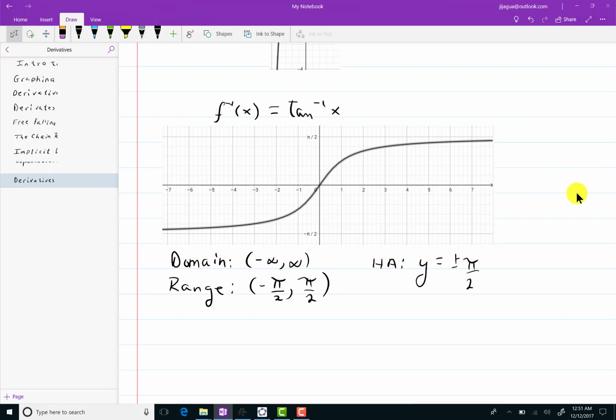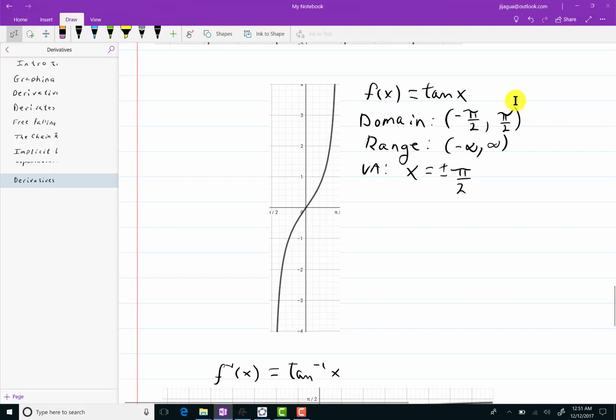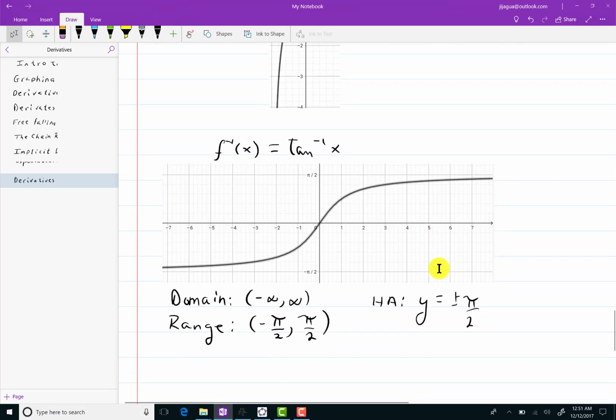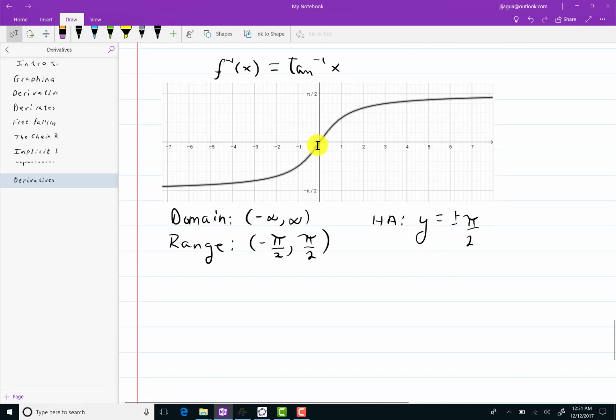Here's another thing. Students tend to forget this a lot of times, the limits. I didn't write them up here because you only had the limit as x went to pi over 2 from the left or x went to pi over 2 from the right. But over here, look at this. As x goes to infinity, this function is going to pi over 2. That's a horizontal asymptote. So let me write those down. Limit.